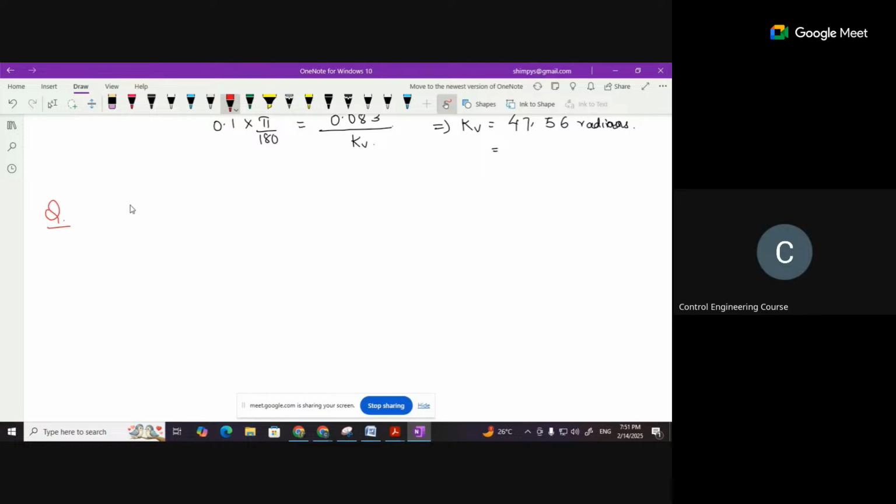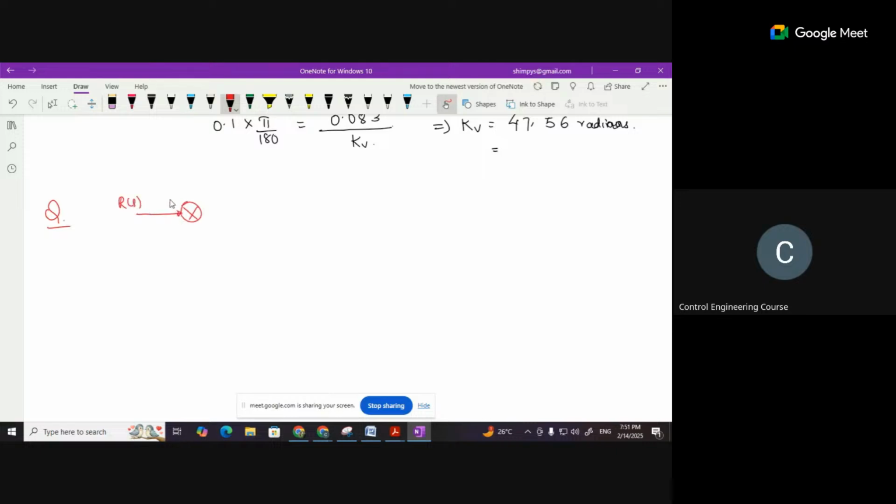So let us do this problem where we have a unity feedback loop containing a minor rate feedback loop. We can start with the block diagram here.